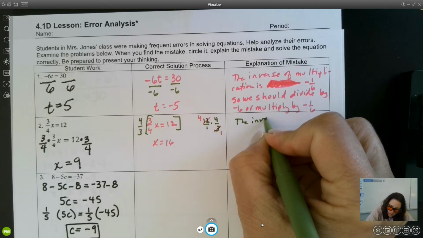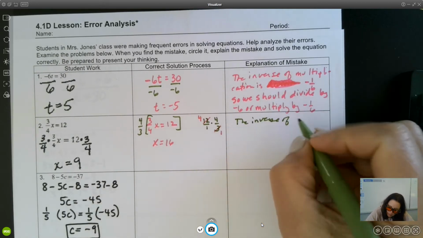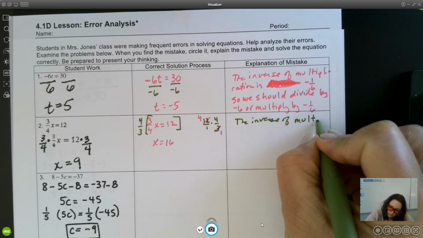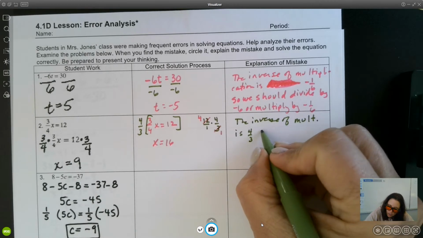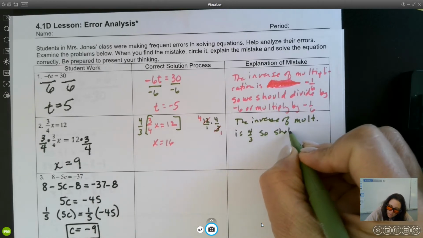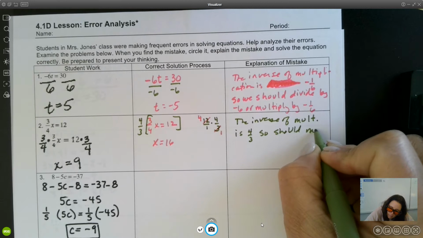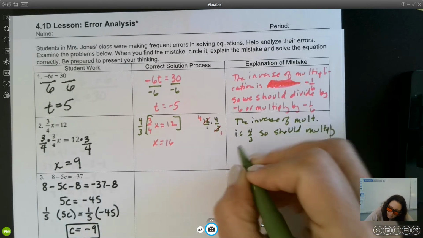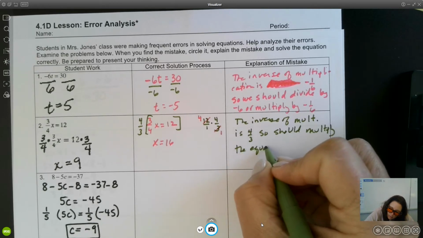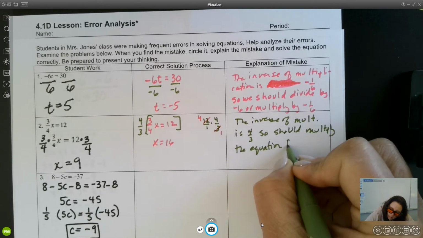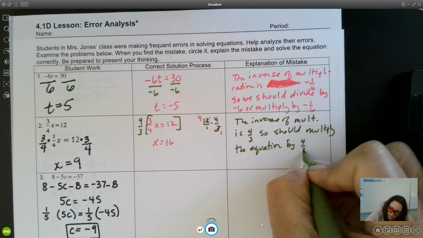The inverse of multiplication is 4/3. So we should multiply the equation by 4/3.